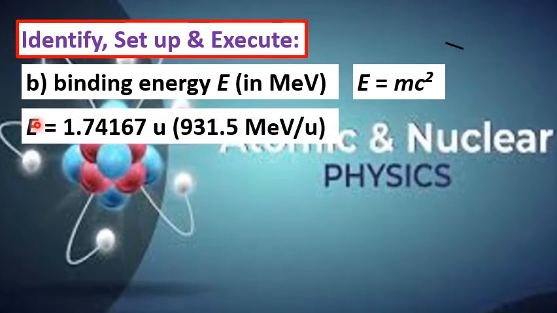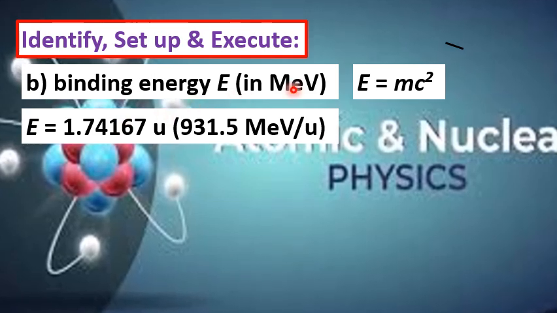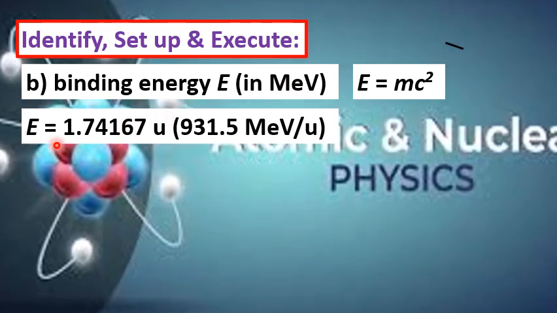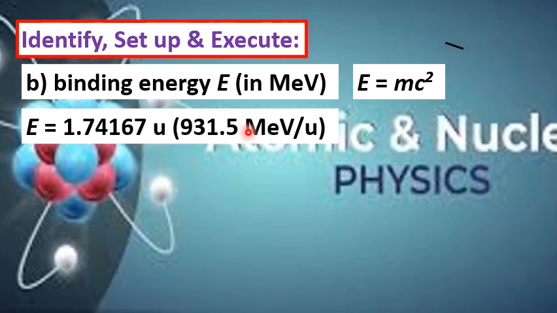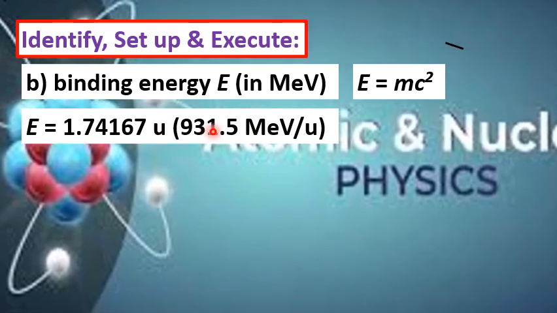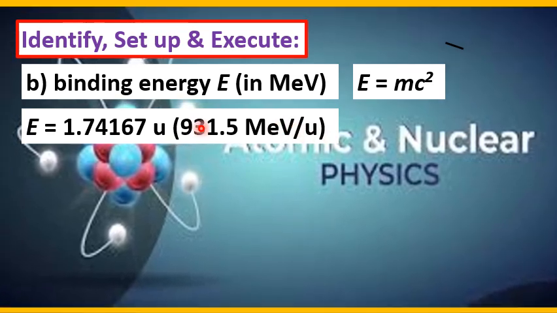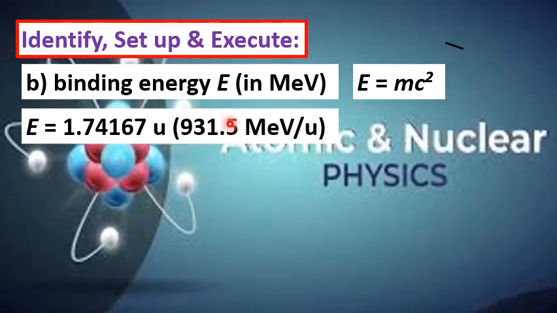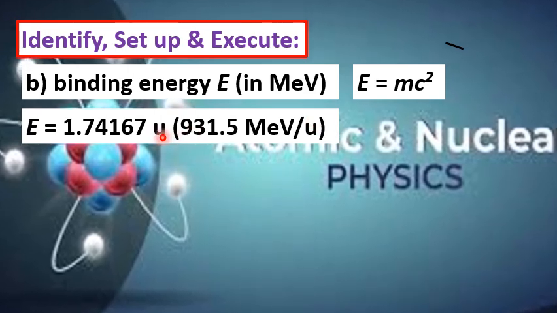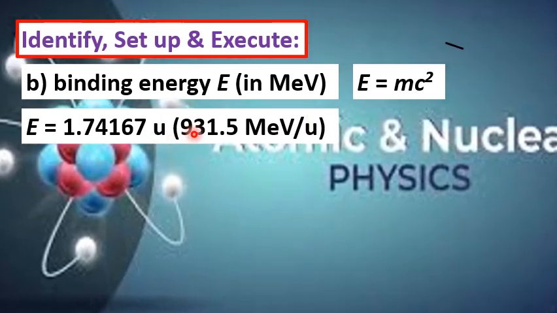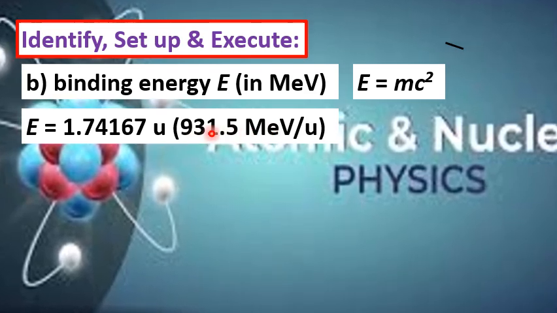That is, the mass deficit that we earlier calculated equal to 1.74167 atomic mass unit will be multiplied by 931.5 million electron volts per atomic mass unit. We call this the conversion factor, right? If the mass is expressed in atomic mass unit, then we just multiply it by this conversion factor.